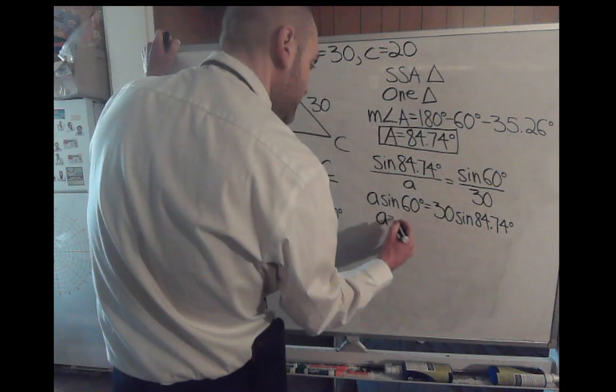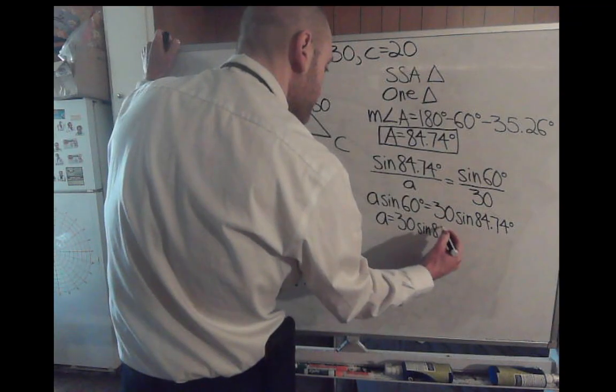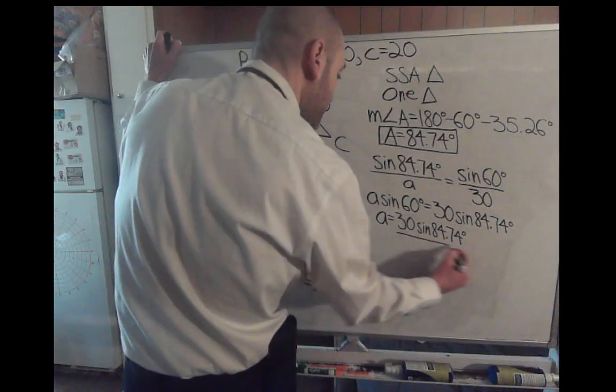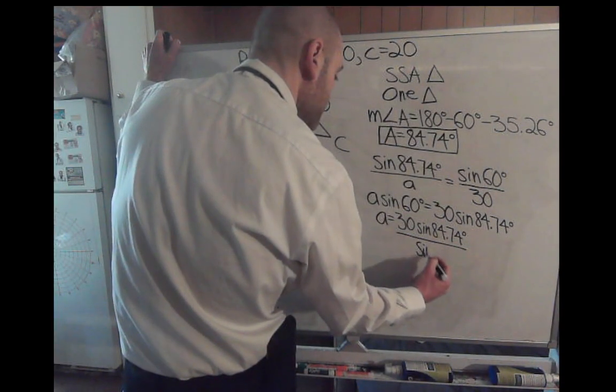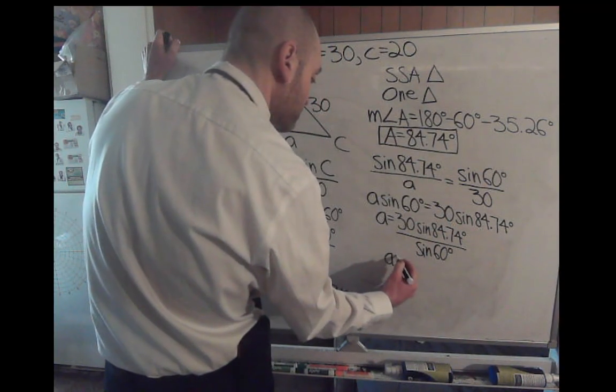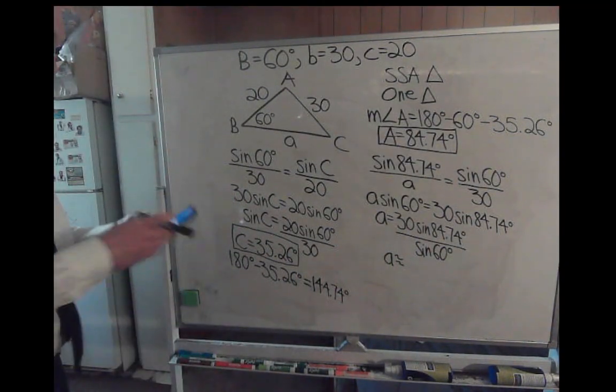So A would equal 30 times the sine of 84.74 degrees divided by the sine of 60 degrees, which means we should be able to get a 2 decimal place approximation for side A once we figure that out.